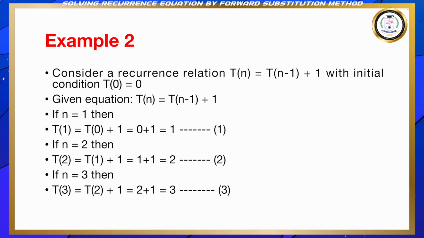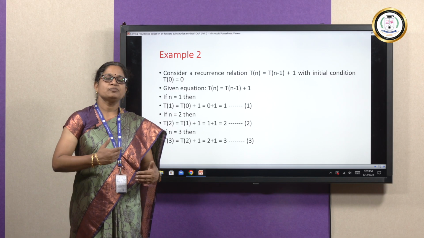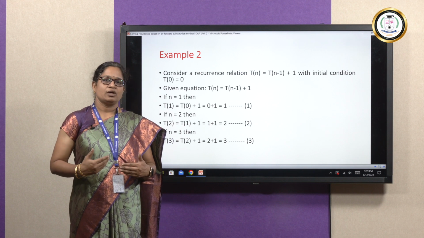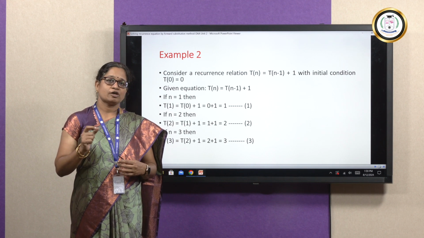Now substitute n = 3 in the given equation. T(3) = T(2) + 1, and the value of T(2) is got in the second equation, which is equal to 2. So 2 + 1 equals 3. By observing these equations, we guess a formula for T(n).